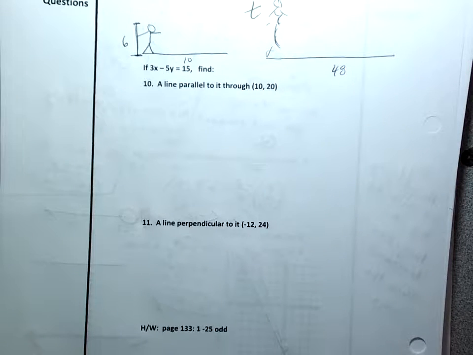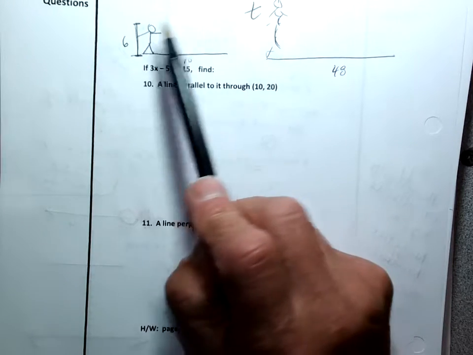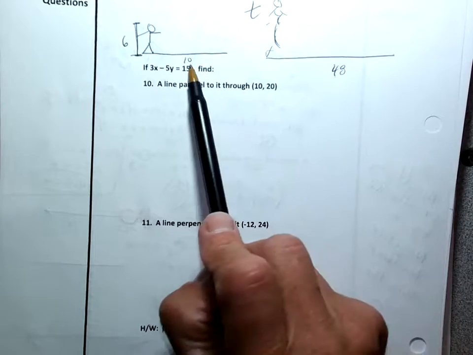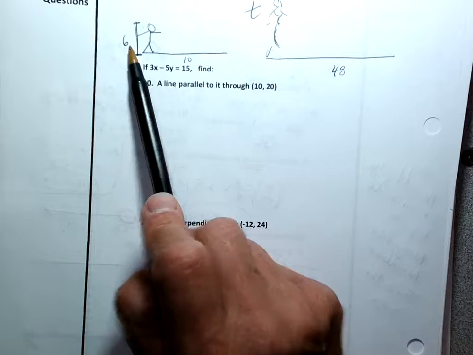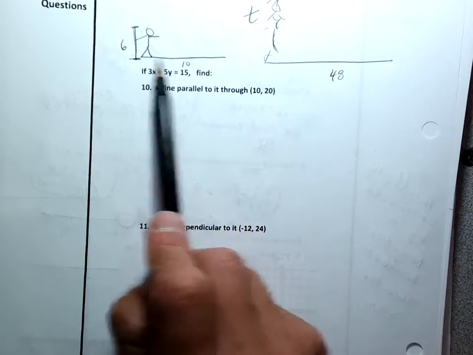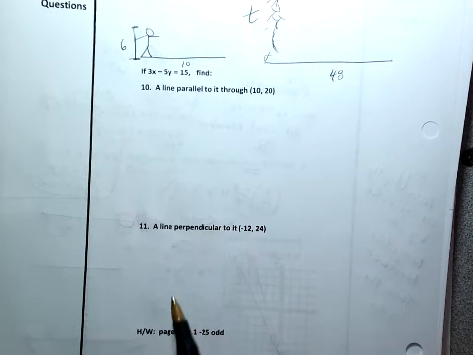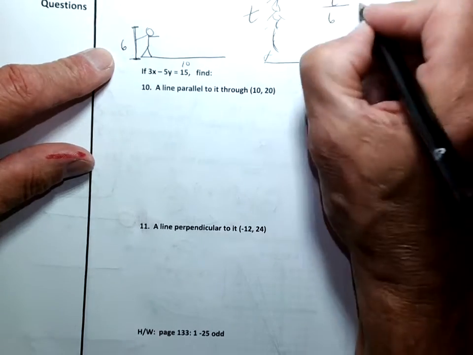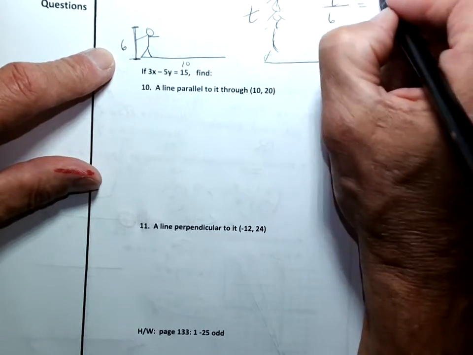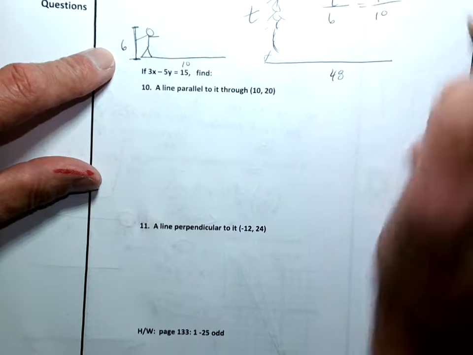So what we can do is set up a ratio. I'd say T goes to 6 as 48 goes to 10. Remember doing that in geometry? T goes to 6: height of the tree, height of the man, shadow, shadow. So we'll set it up: T over 6 is equal to 48 over 10.